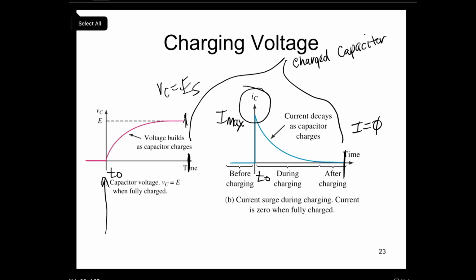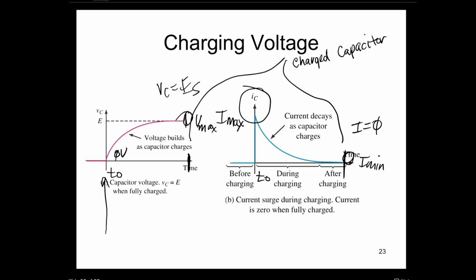We see right at the moment the source is connected, V is 0 volts and I is at a maximum. What happens when the capacitor reaches its steady state value? We have voltage at a maximum and current at a minimum. So we have I min here and we have V max.